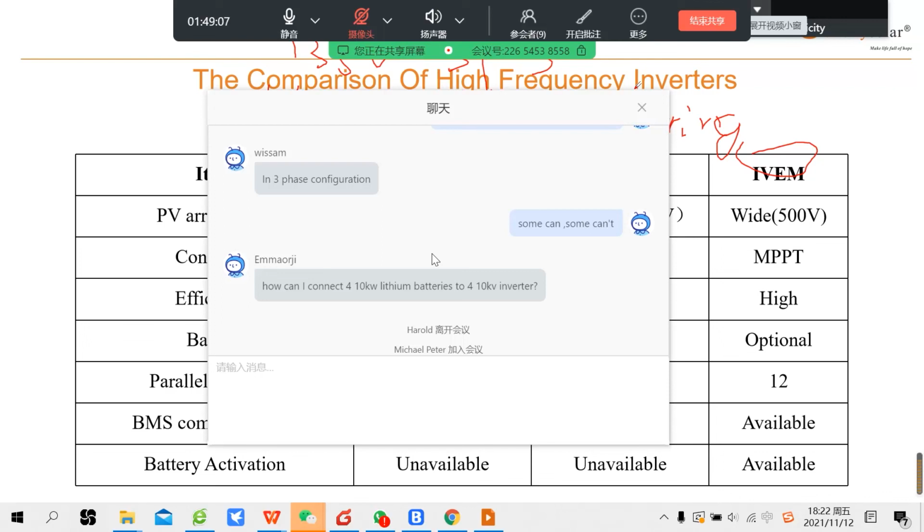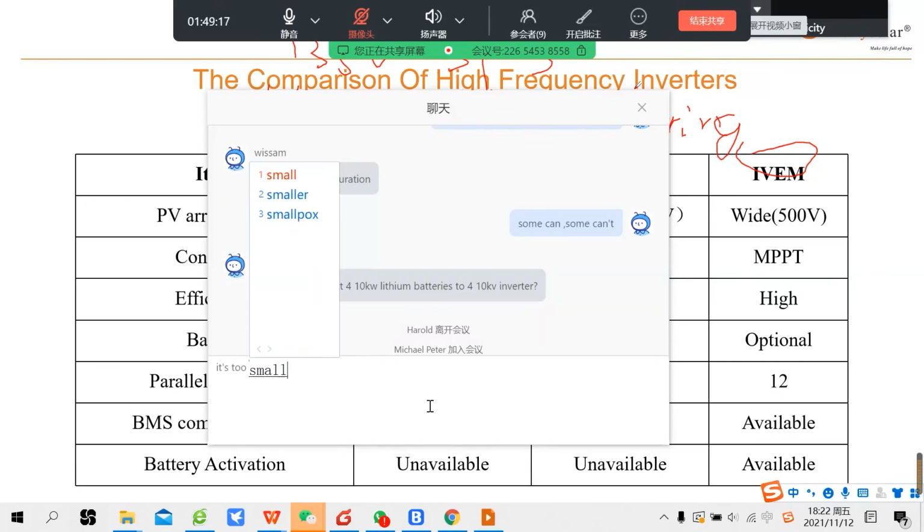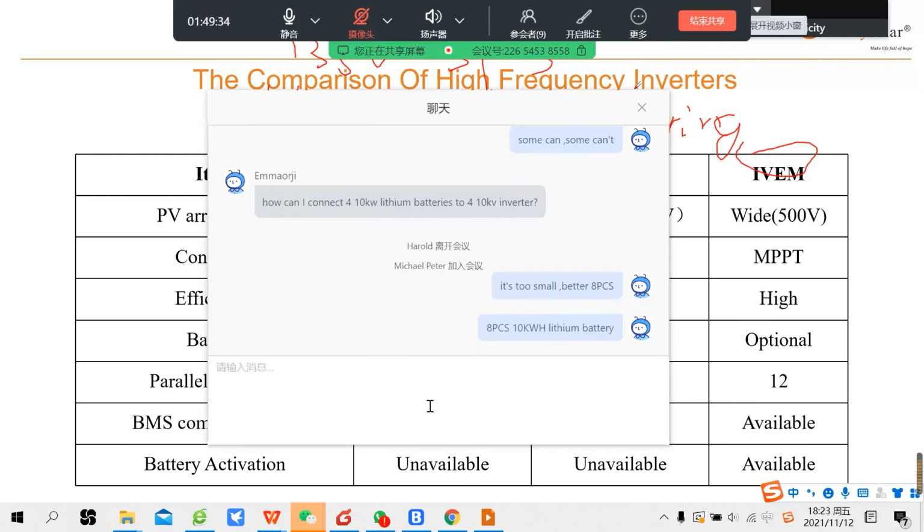It's too small for four inverters. That would need eight pieces of lithium battery.